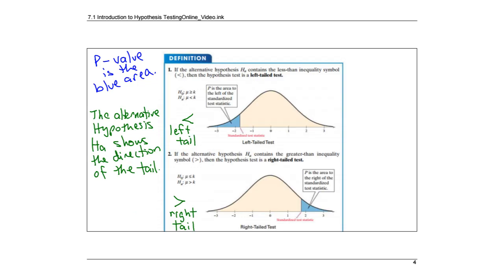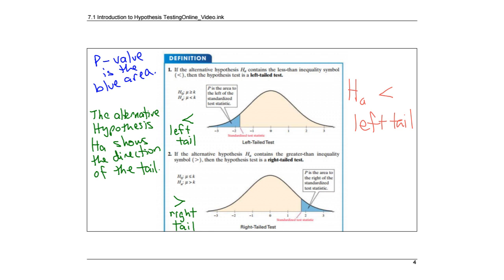Now, when we are deciding whether we are going to use a left tail, a right tail, or a two tail, it is always based on the alternative hypothesis. I know that sounds a little strange because we're worrying about rejecting the null hypothesis, but we're going to look at the alternative. If the alternative hypothesis is pointed to the left, we're going to have a left tail test.